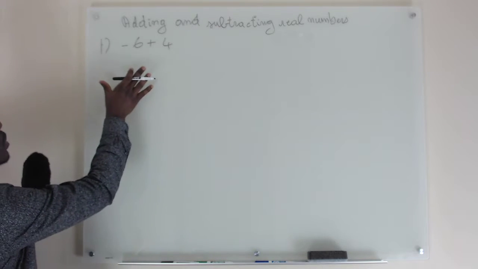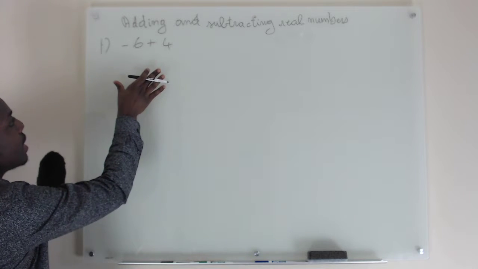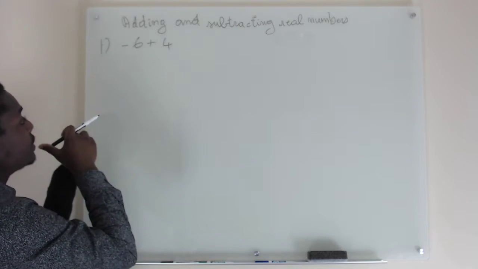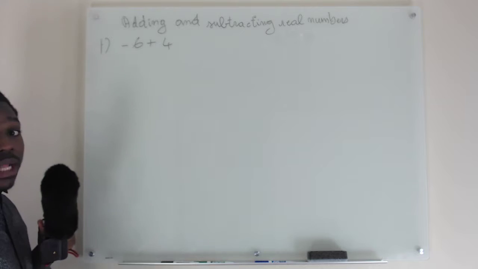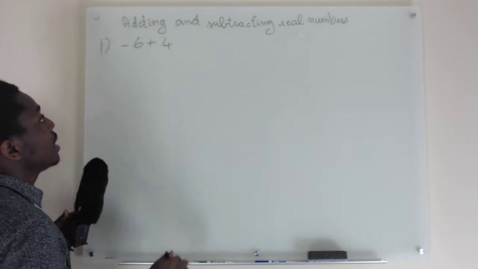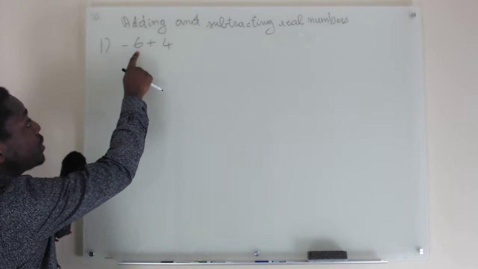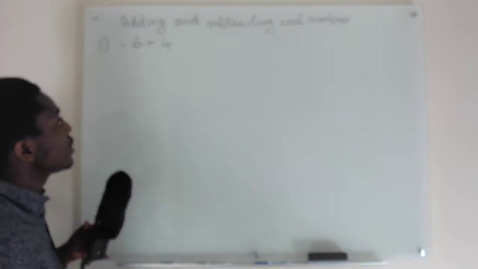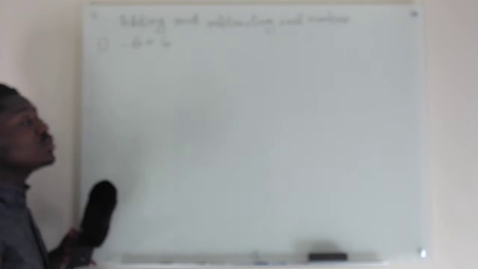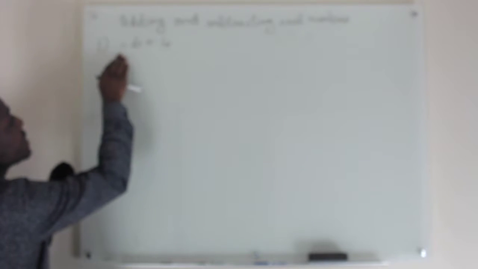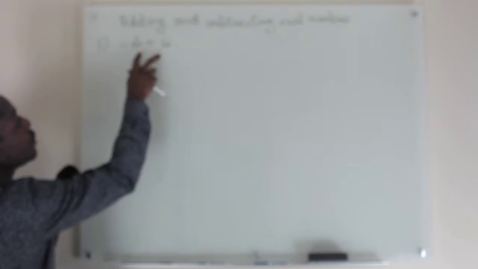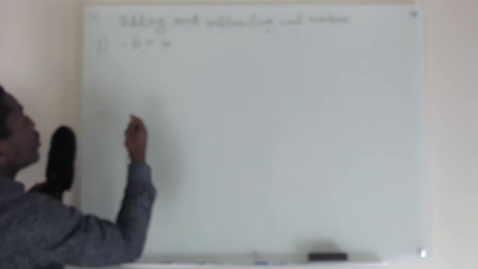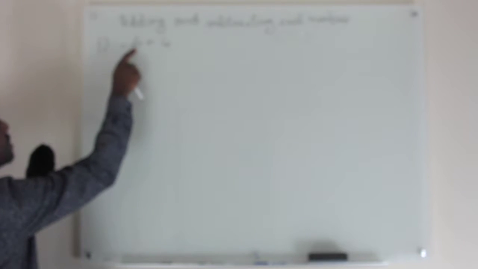Before we do this, in order to perform this operation, we are going to ask ourselves between the number 6 and 4, which one is the biggest number? And when doing that, we have to forget about the signs of the two numbers. Remember, the sign of the number 6 is located on the left side of 6.